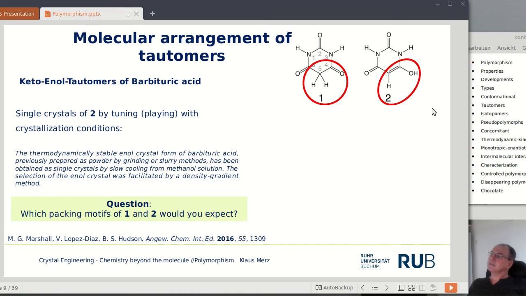And in this case, the number of amide groups is reduced by regarding this enol form. Has this an influence, and in which way has this an influence on the crystal packing?